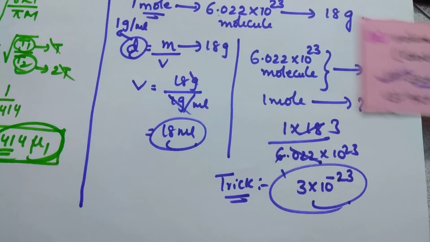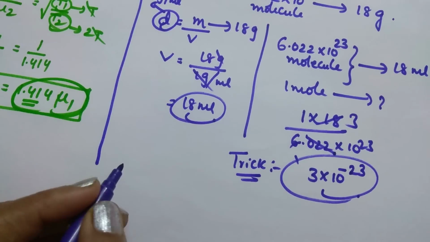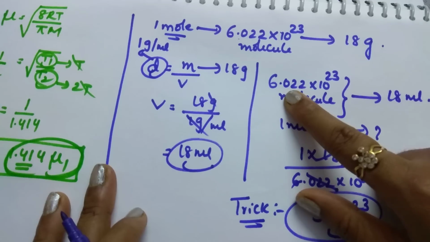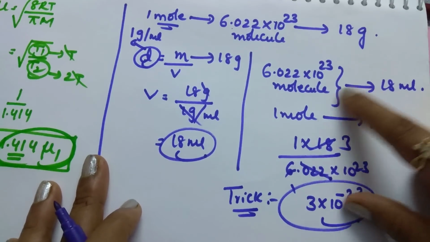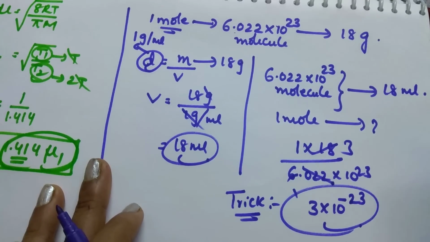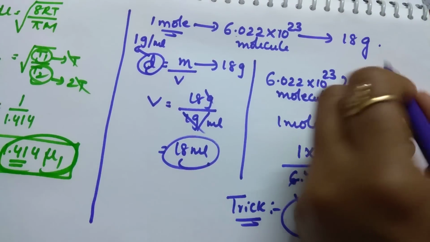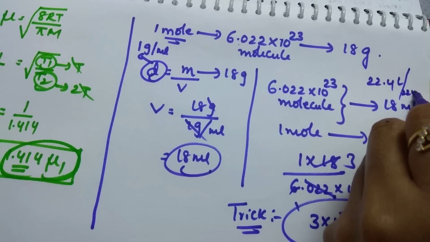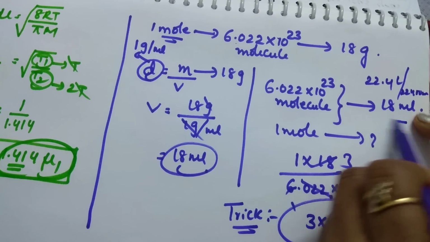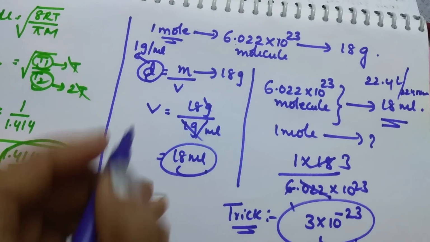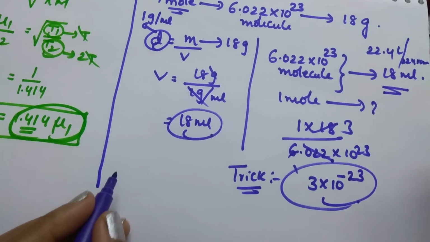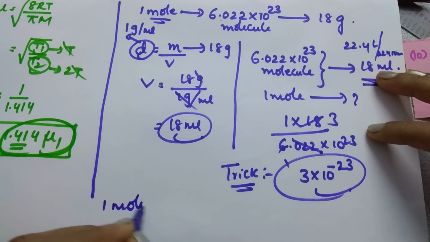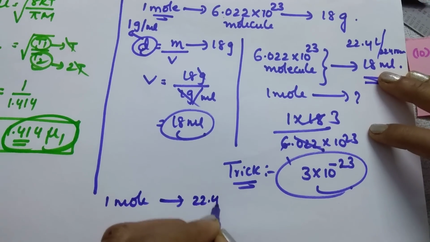And one more thing, students, where they get the doubt is, why here we are taking 6.022 into 10 power of 23 molecules as 18 ml? Because 1 mole consists of either 22.4 liters or 22,400 ml. But why are we taking 18 ml, ma'am? That is your doubt, I think. The important point here is, you should not take 1 mole of any liquid as equal to 22.4 liter.